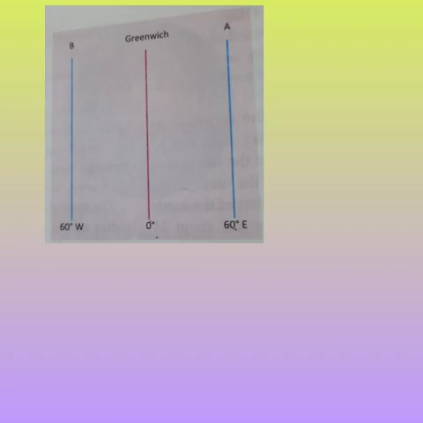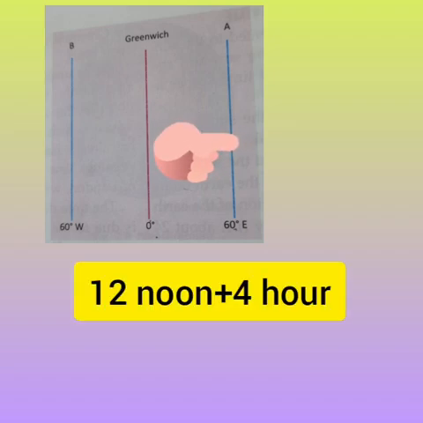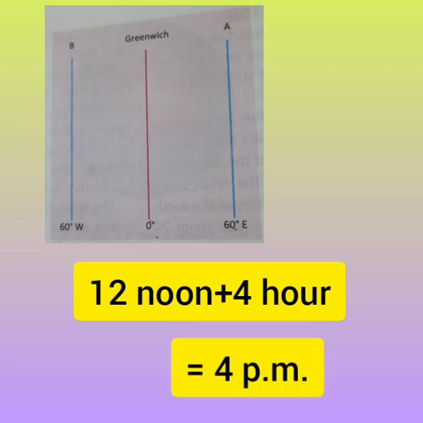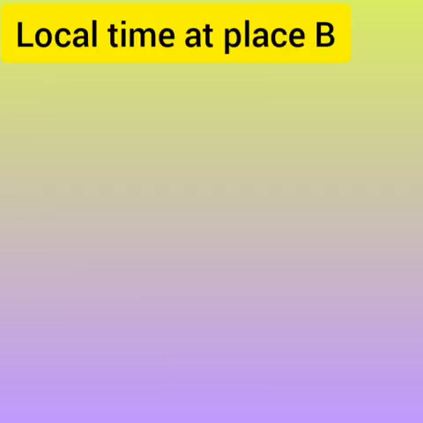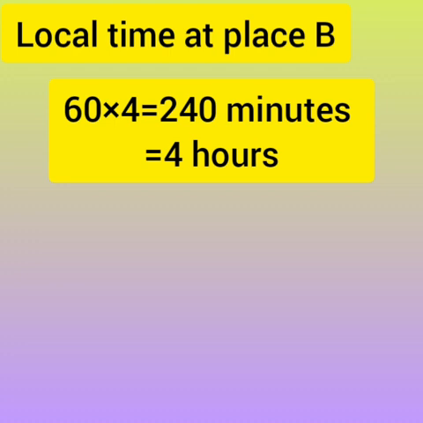So, as A is located towards the east of the prime meridian, the local time at A will be 4 hours ahead of the Greenwich Mean Time, that is 4 p.m. Now let us look at the place B. So the difference of time between B and the prime meridian will remain the same. 60 into 4 minutes is equal to 240 minutes or 4 hours.